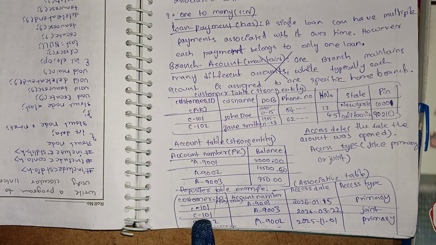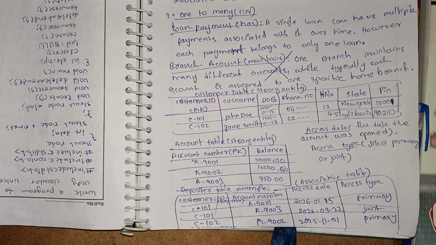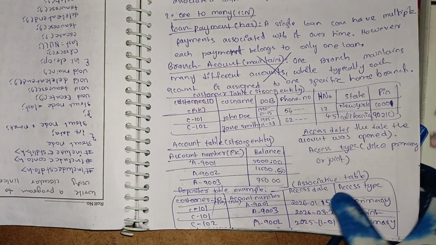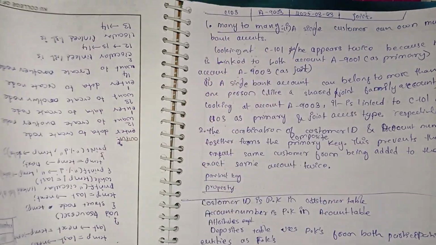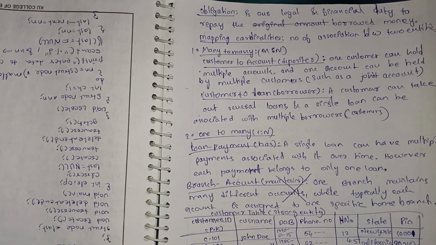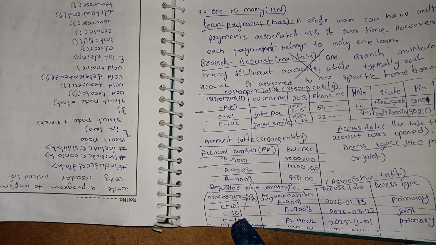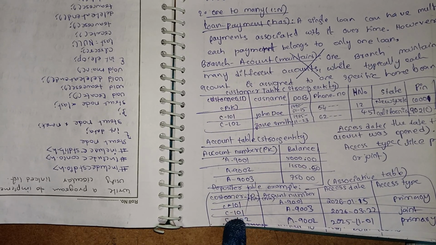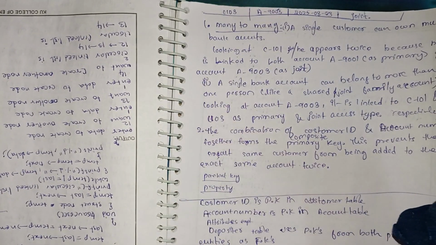A9002 also has a unique customer ID, and A9003 belongs to C101 and C103 customer IDs, which are absolutely unique values.